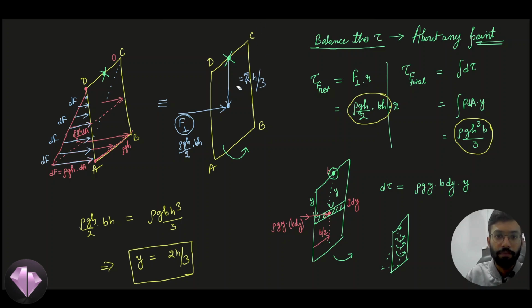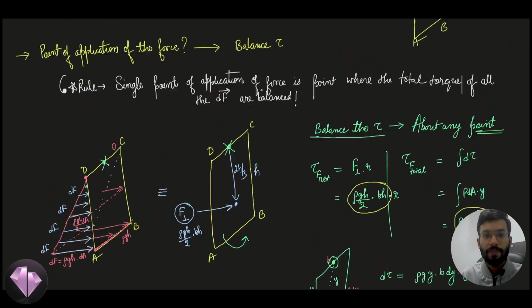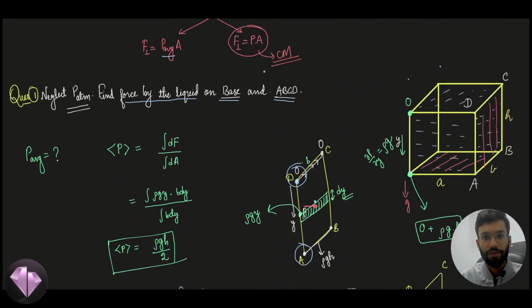So basically my force is acting at 2h by 3 length. This is the entire h. So at a distance of 2h by 3 at this point, the liquid is applying its net force, which is rho gh by 2 into bh. With this, we are done with the question.